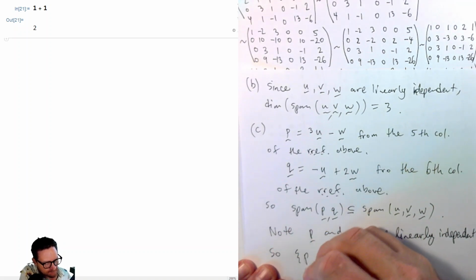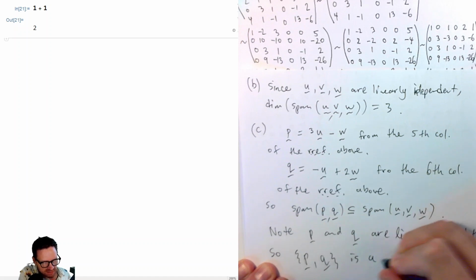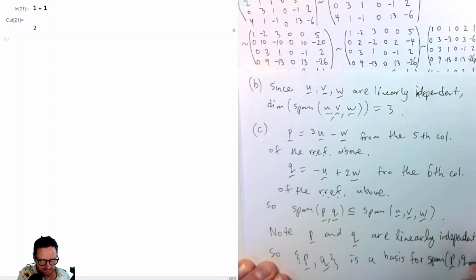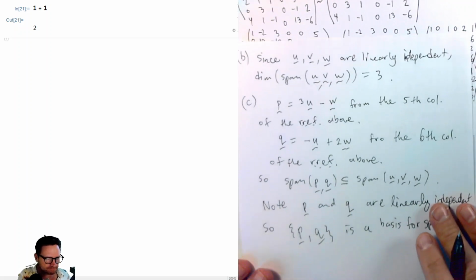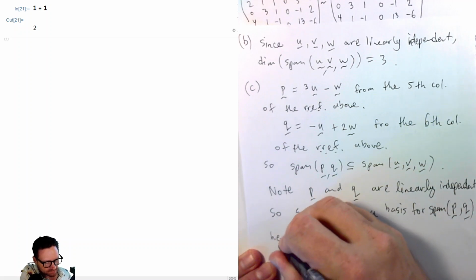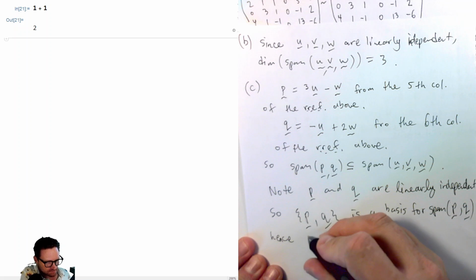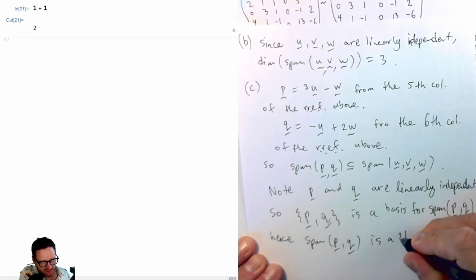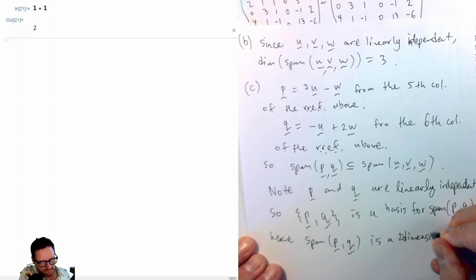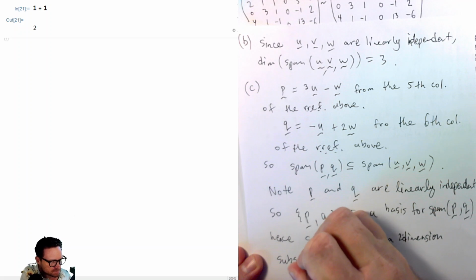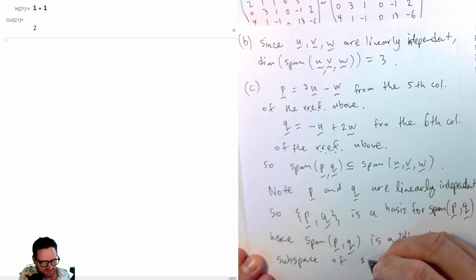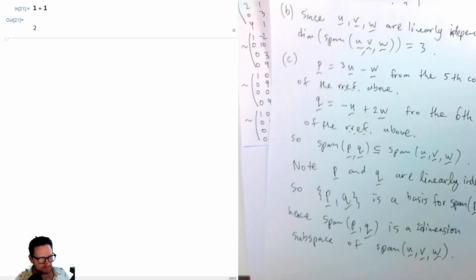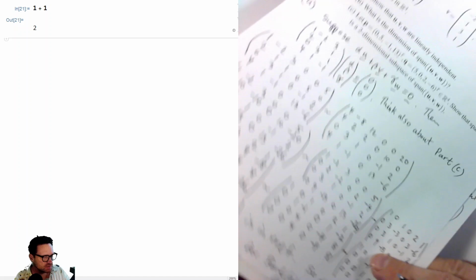So P, Q is a basis for the span of P and Q. Hence, span of P and Q is a two-dimensional subspace of span of U, V, and W. Okay, so that was a little bit of a tricky one. Let's move on to the next question.